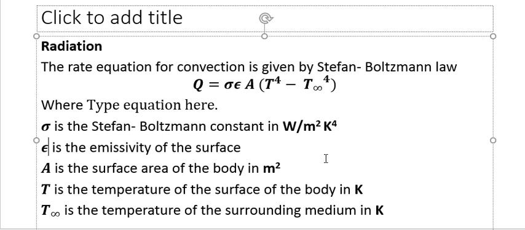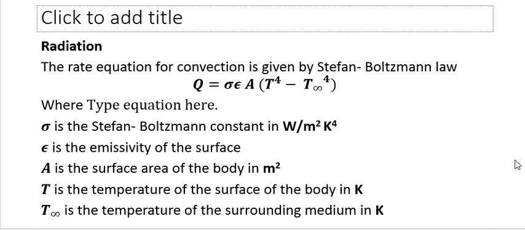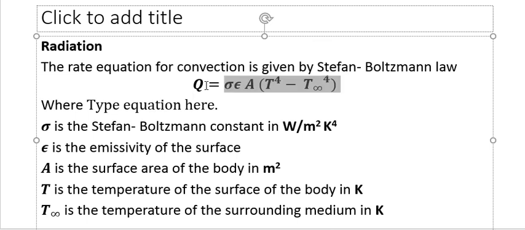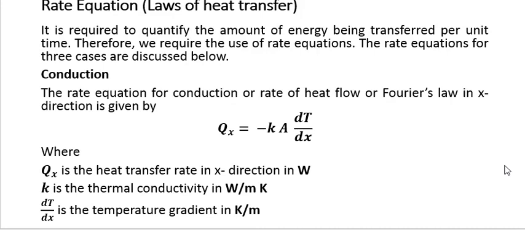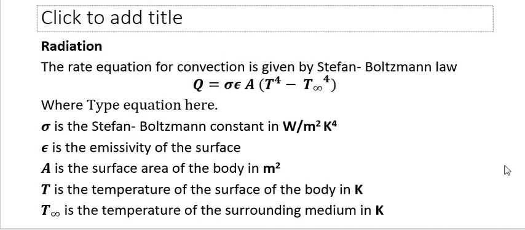Epsilon is the emissivity of the surface. So sigma and epsilon are material properties, A is the geometrical property, T is the temperature. So these three equations are important. The rate equations for conduction, convection and radiation are very important for solving the problems.